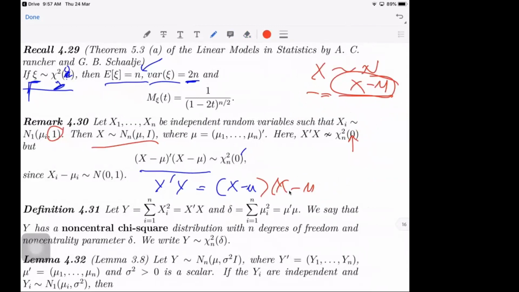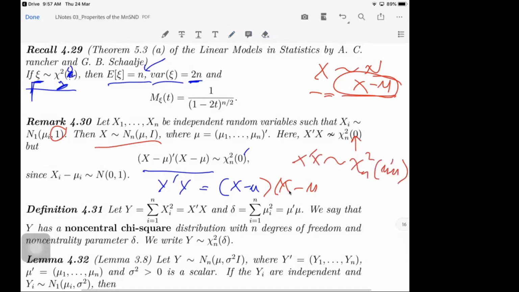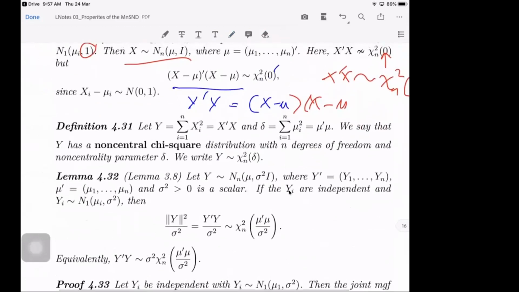We can write this as x prime x is chi-square with n degrees of freedom, and the non-centrality parameter is mu prime mu. That will be equal to mu prime mu, so that will be your non-centrality parameter, delta.